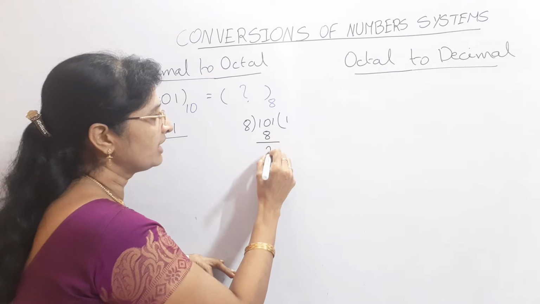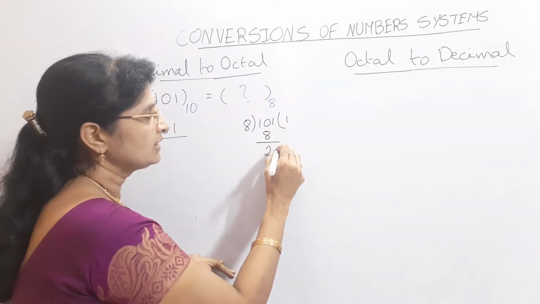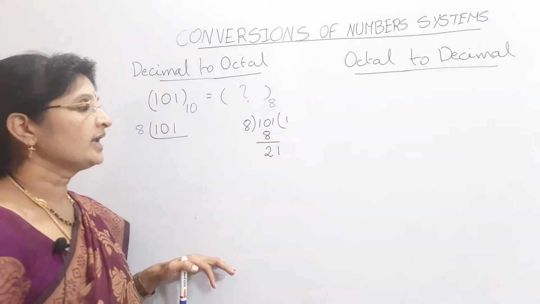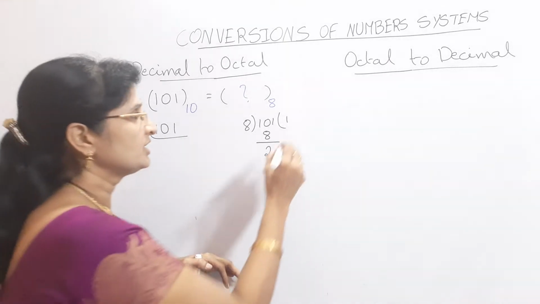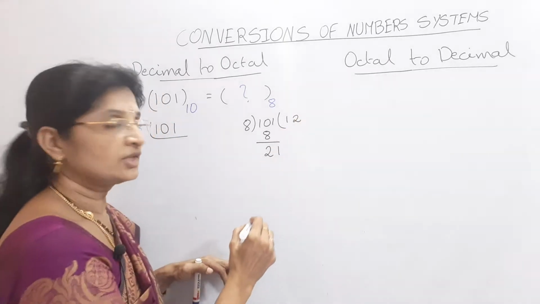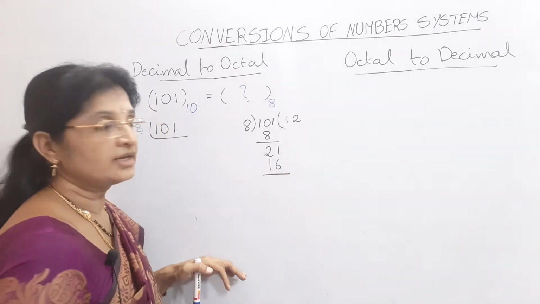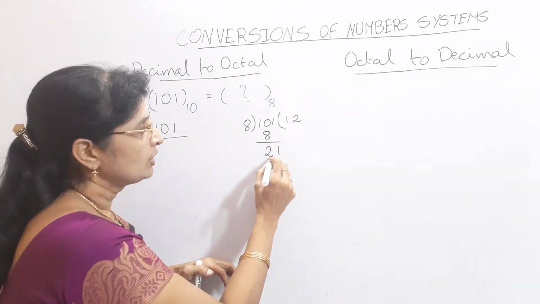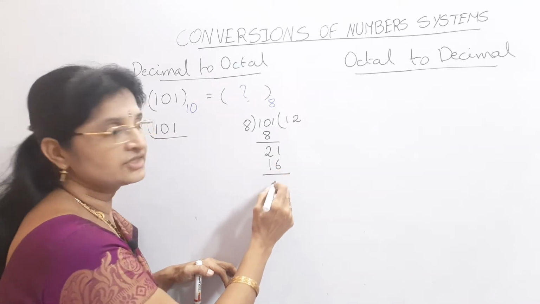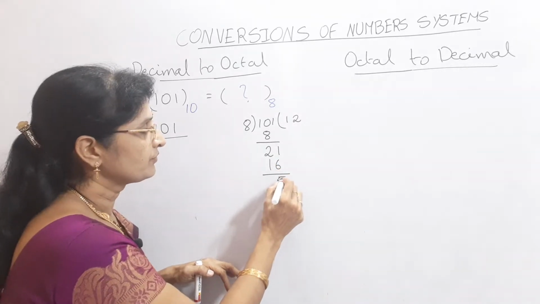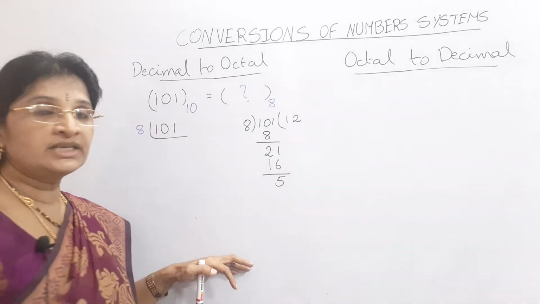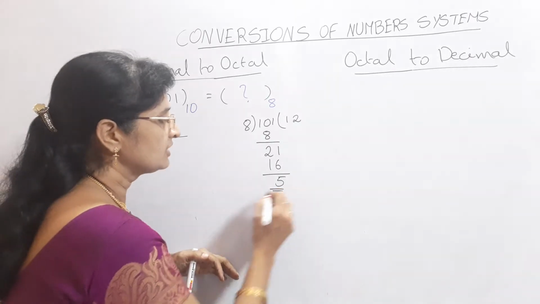So the remainder is 2 and you will get 21. Now again for 21, how many times? It is 2 times, that is 2 eights are 16. Now 21 minus 16 is 5. So generally for integer division, the process will stop here.